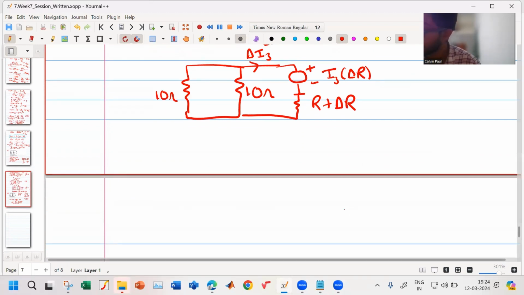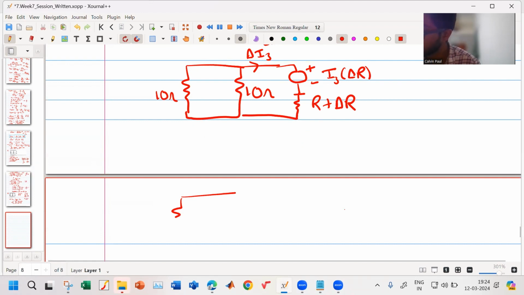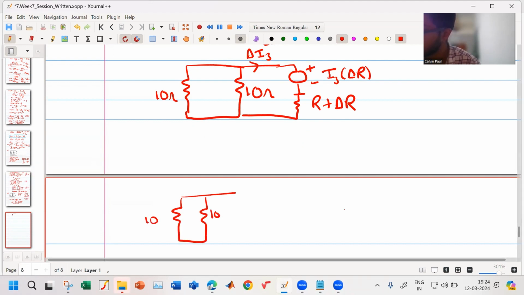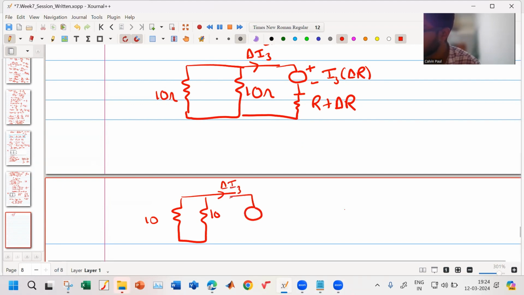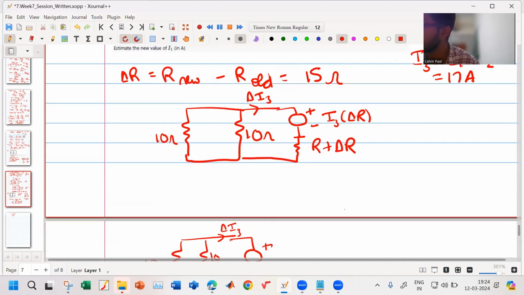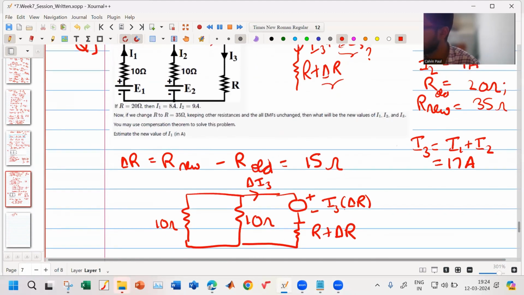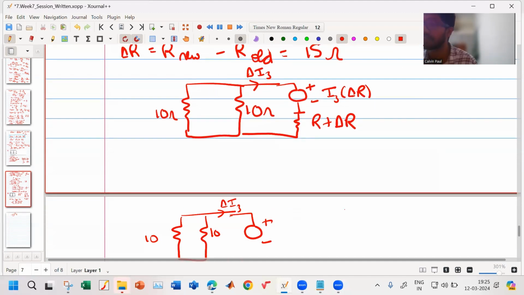This can be written as 10 delta I3. What is I3 into delta R? 17 into 20. 255 volts. 17 into 15. Okay, 255.